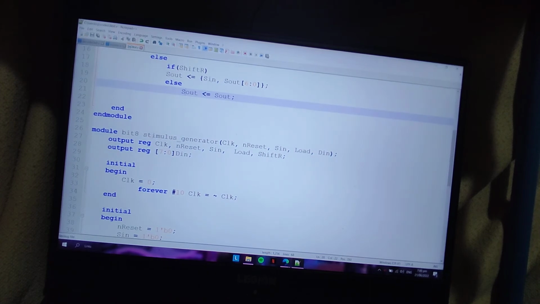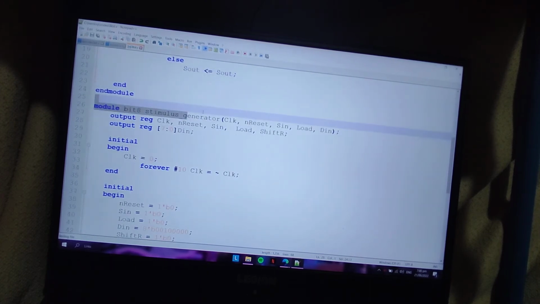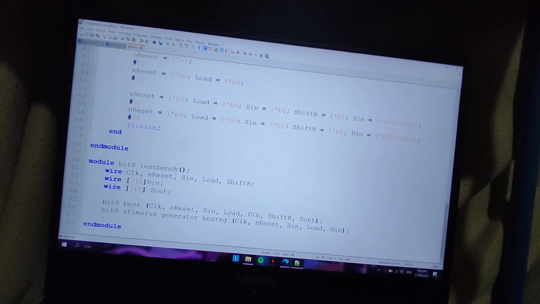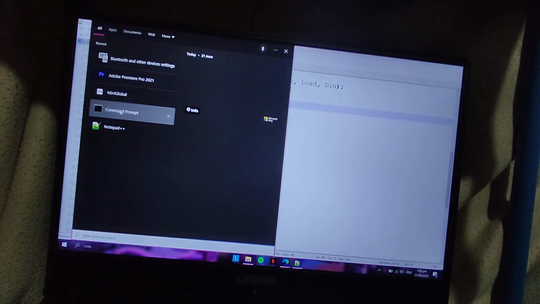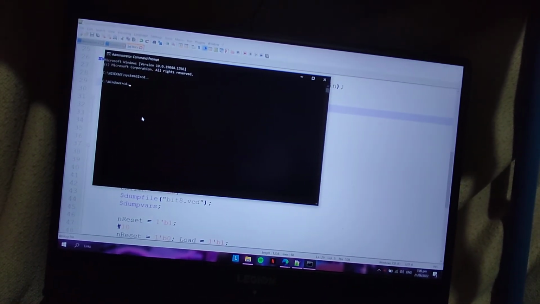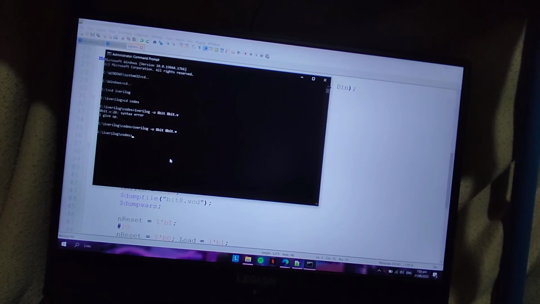So here is the bit 8 stimulus generator and this test bench. Then let's try to run this. It's called VVP.